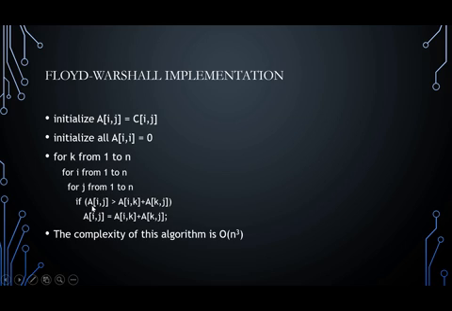In the for loop, I check if A of ij is greater than A of ik plus A of kj, then A of ij is equal to A of ik plus A of kj. Whichever is the smallest value, that will be stored in A of ij. Fine, that is the algorithm for Floyd's. Obviously, because I am using three for loops, one inside the other, the complexity will go up to big O of n cube.